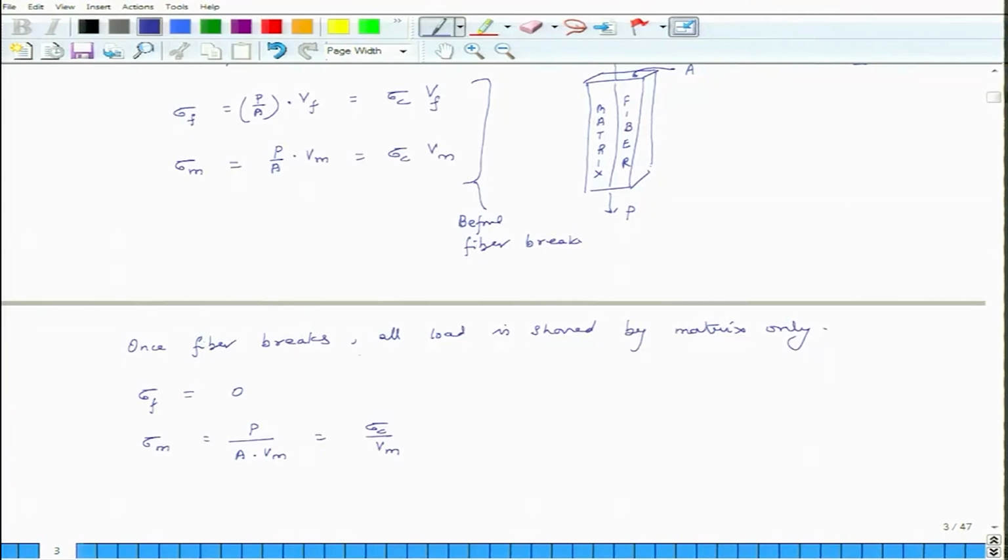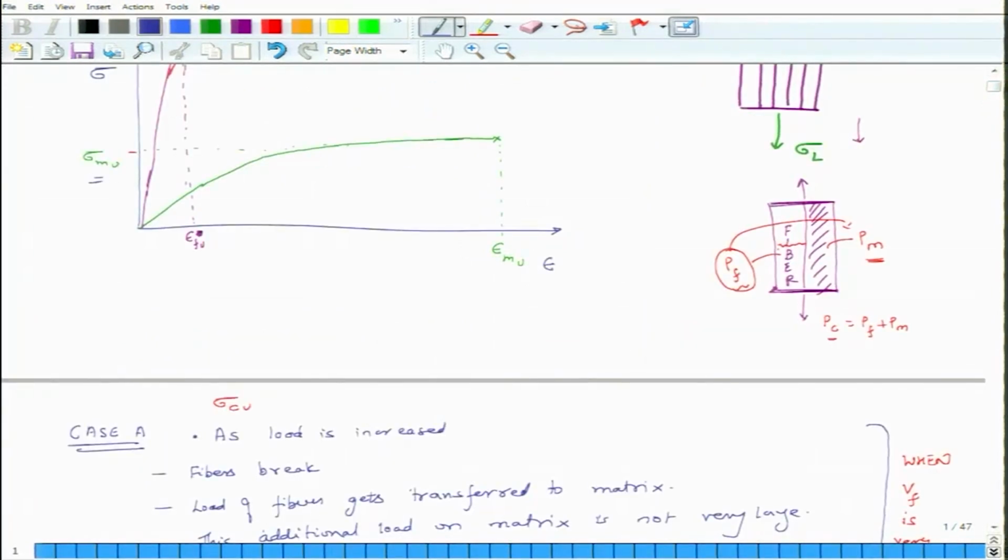Once the fiber breaks, all the load is shared by the matrix only, so this is the stress in the matrix. Now, as I keep on increasing my sigma C, sigma m also increases, until sigma m reaches sigma mu.